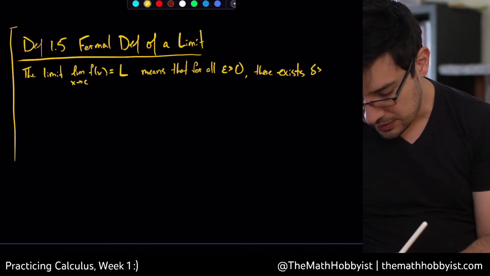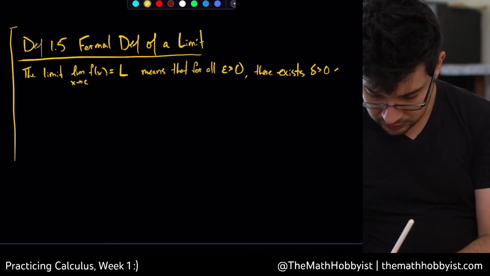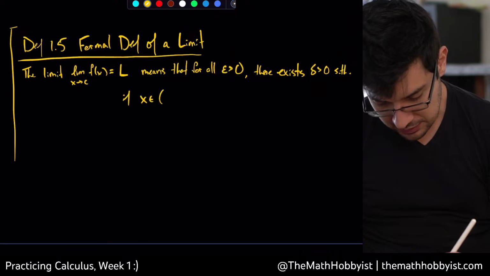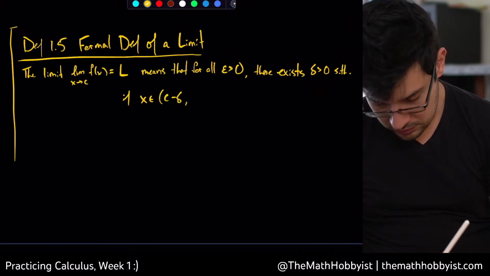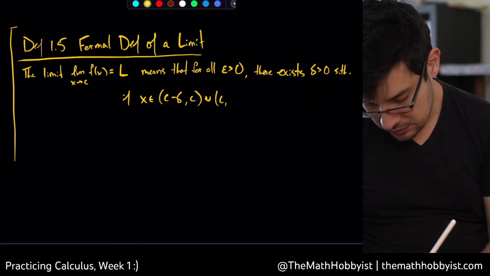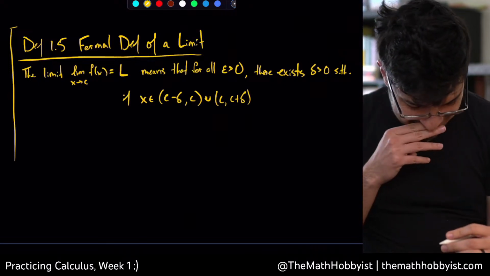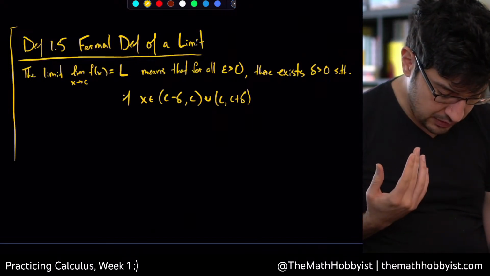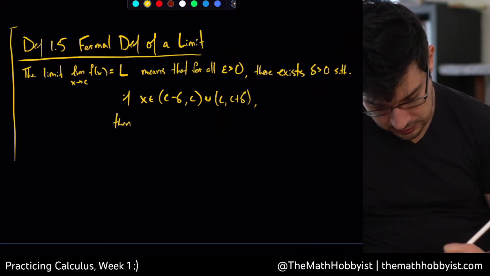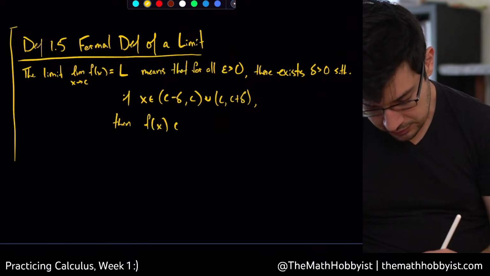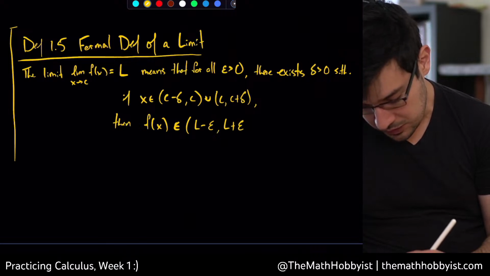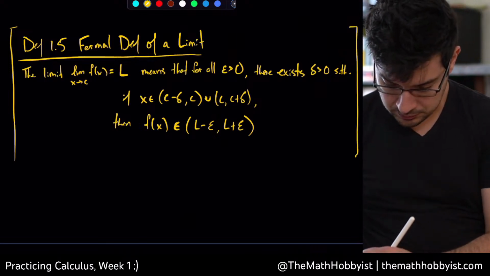There exists a delta greater than 0 such that if x is in c minus delta to c or c to c plus delta, then f of x is in the interval L minus epsilon, L plus epsilon. Cool. I like it.